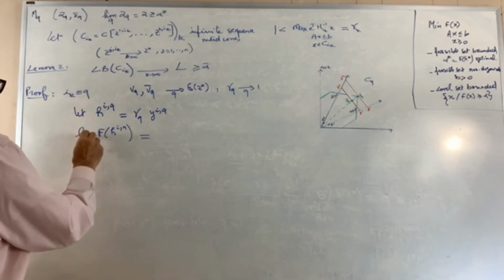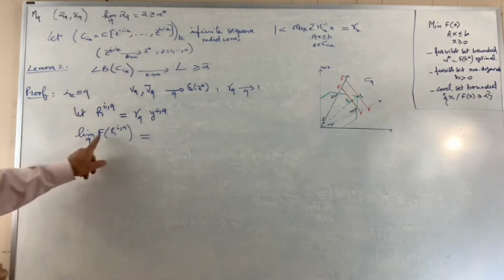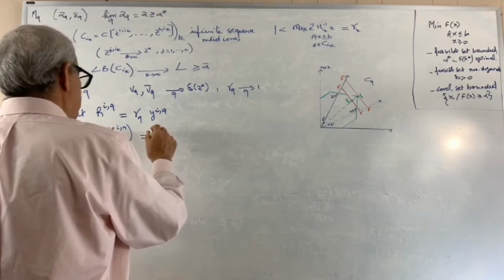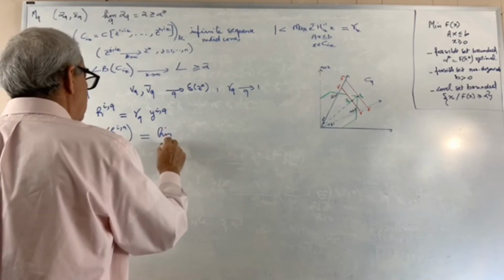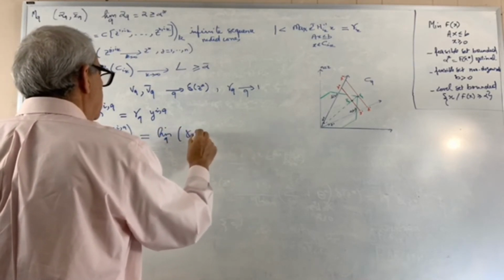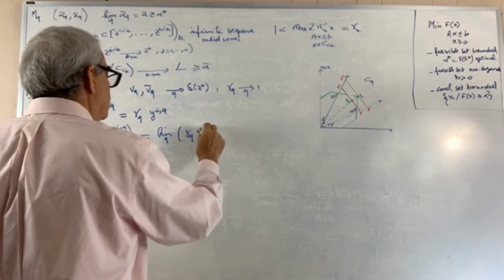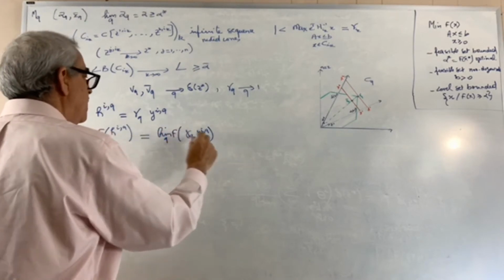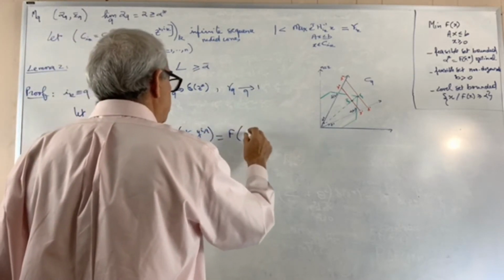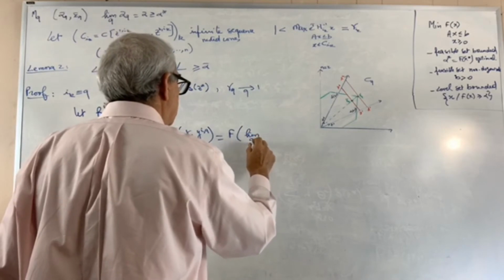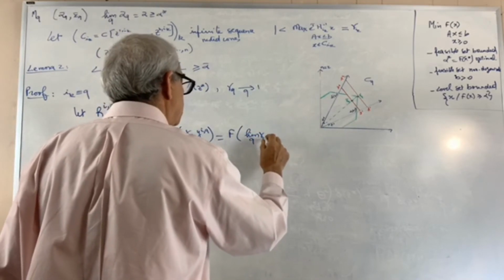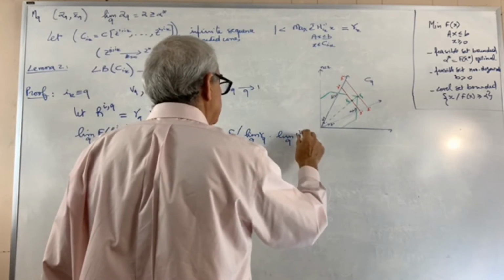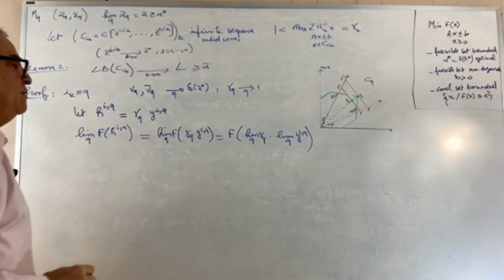this limit over q, because of continuity of our function, is just equal to the limit of f of gamma_q y_i^q, which by continuity is equal to the limit of gamma_q times the limit of f of y_i^q.